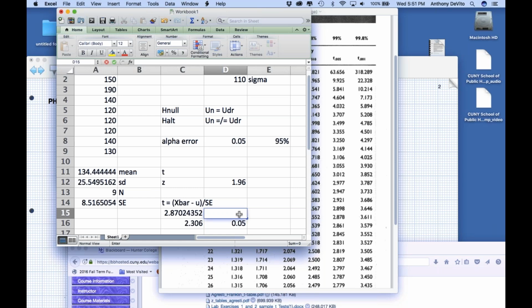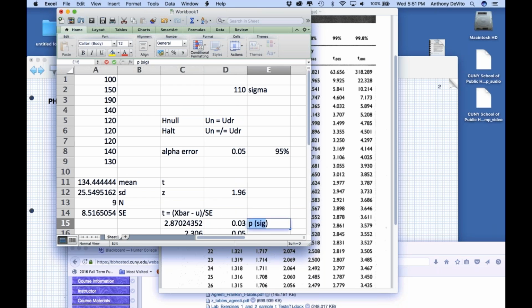So that might be, I'm going to speculate, 0.03, might be 3% chance of being wrong. SPSS will not only calculate for you the t value, but it'll also calculate that p value. It calls it significance, or two-tailed significance. Sometimes you'll see it called that. So you have that benefit when you use SPSS in calculating this.